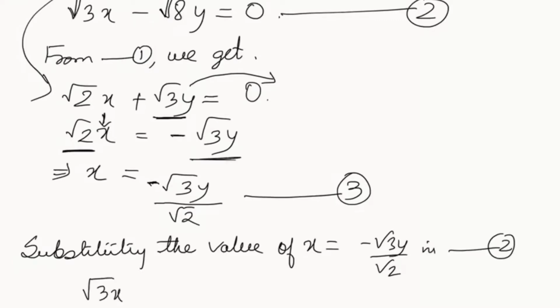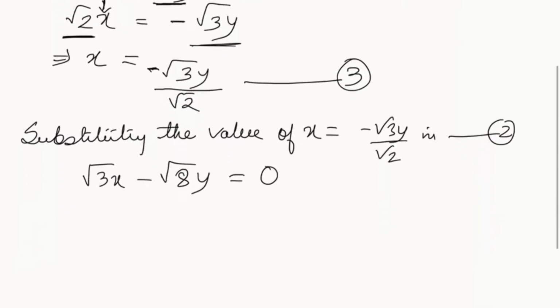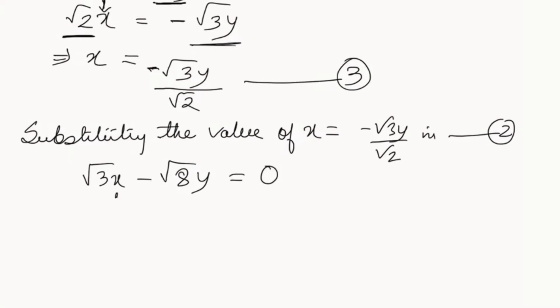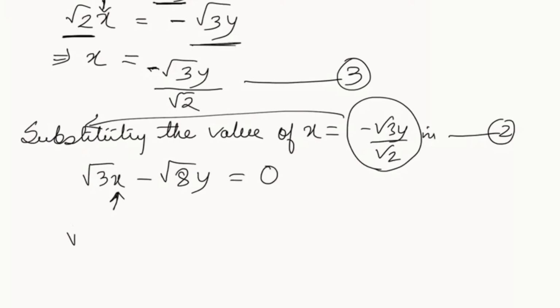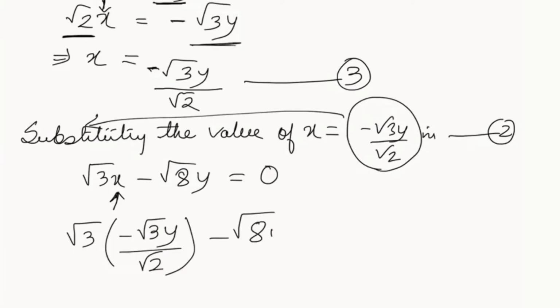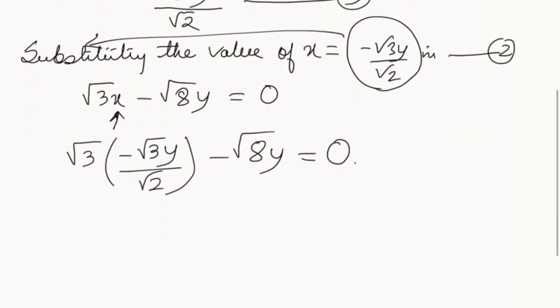Equation 2 is root 3x minus root 8y equals 0. Now instead of this x, we write this value. That is called the substitution method. So root 3 times minus root 3y divided by root 2, minus root 8y, equals 0.